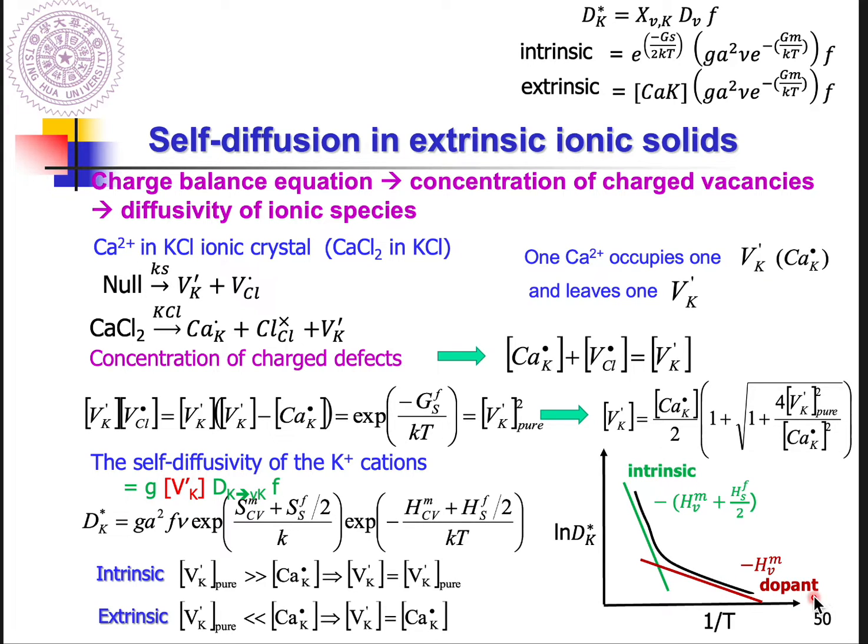Okay, so as long as you get this fitting, then you know the HVM, right? Then you get this slope, so you can know the Schottky defect formation energy of your materials. Okay, so this is the story.